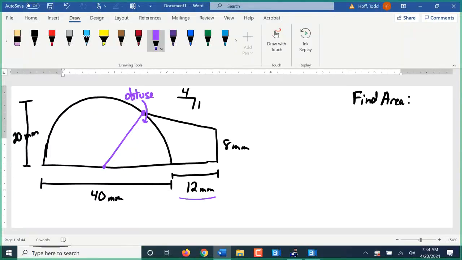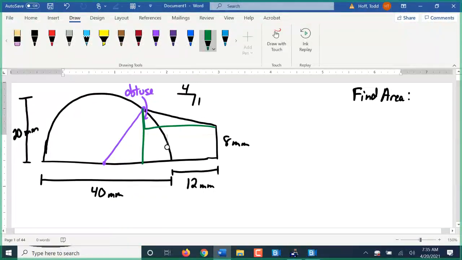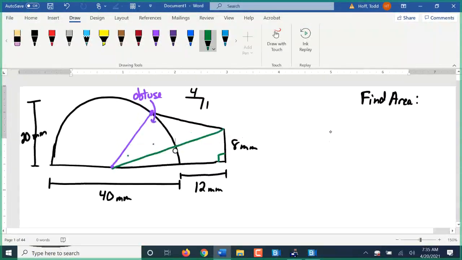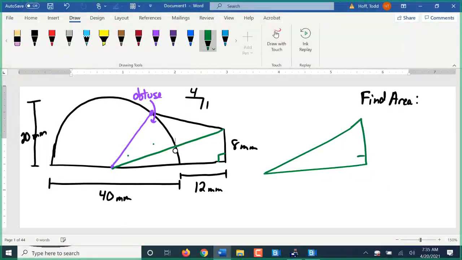When we were looking for this dimension, we had to do vertical and horizontal triangles. We broke it up something like this. Well, now since we have that dimension, we don't have to go through that trouble. There's a little bit easier way to approach it. We can just cut it right across here like this, using that right angle. The reason that works is that triangle there, that I'll redraw in green here, we have both legs.